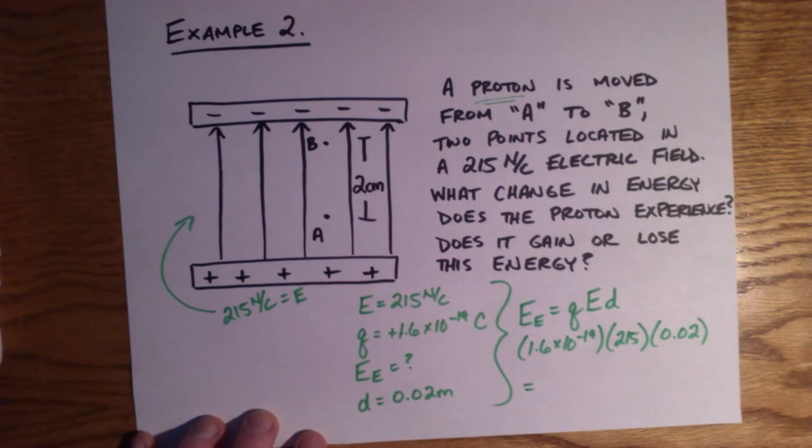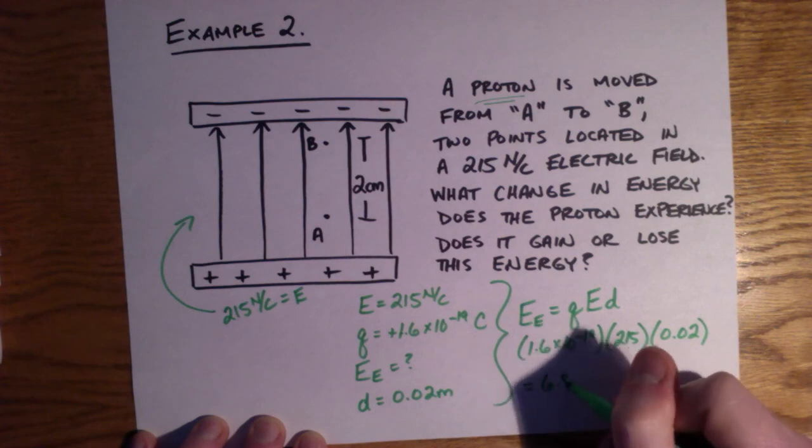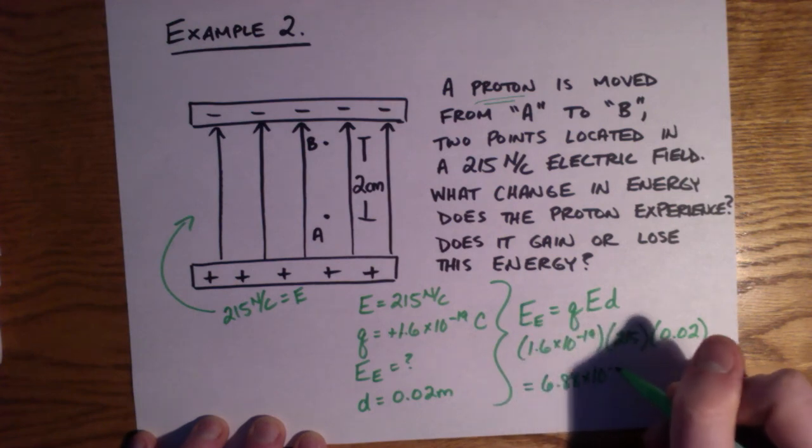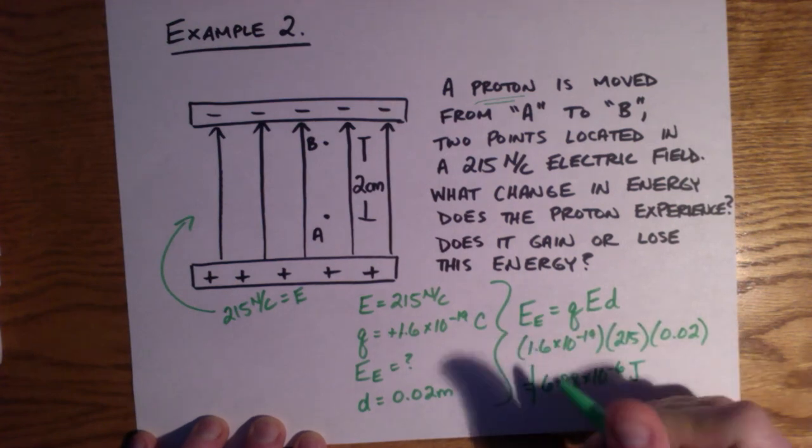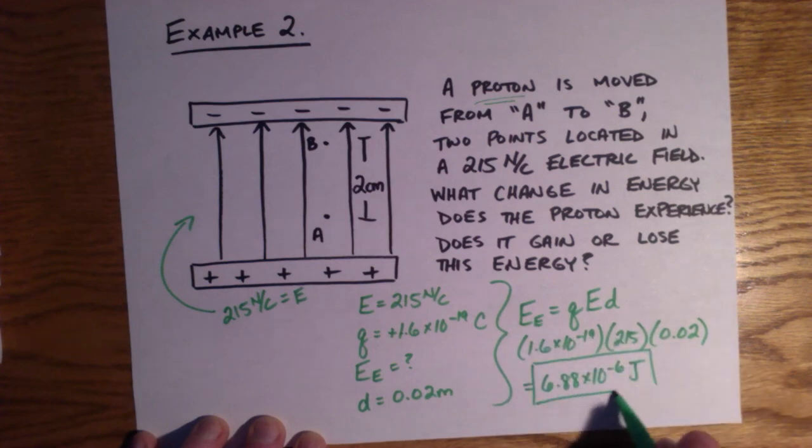If I plug that in my calculator, I wind up getting somewhere around 6.88 times 10 to the negative 6 joules. That's the amount of energy that it either gained or lost.